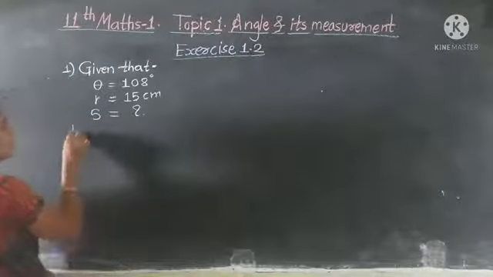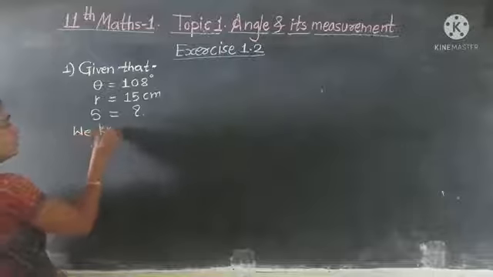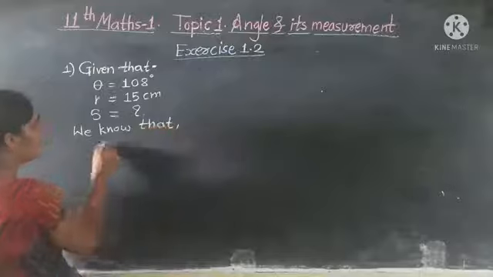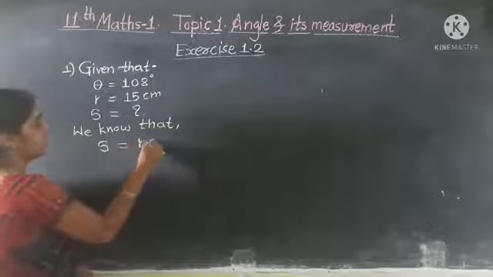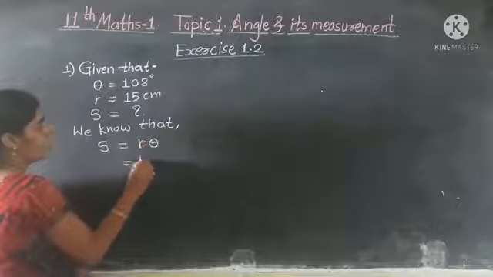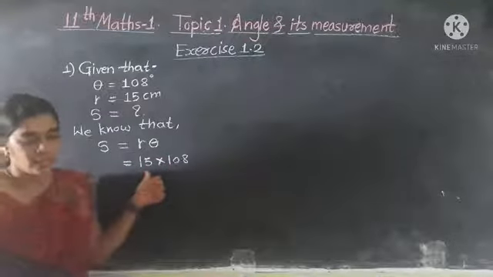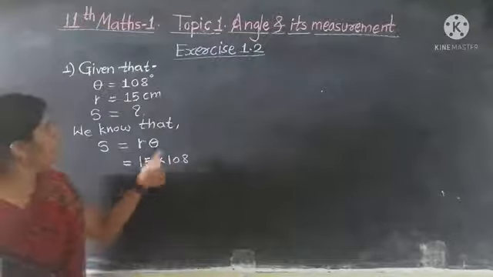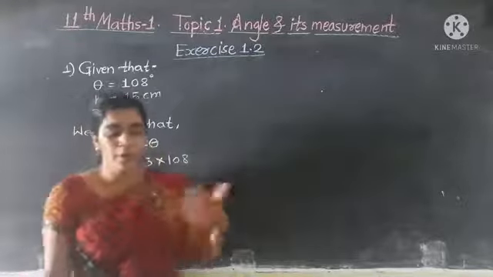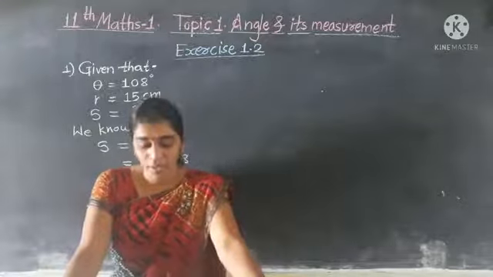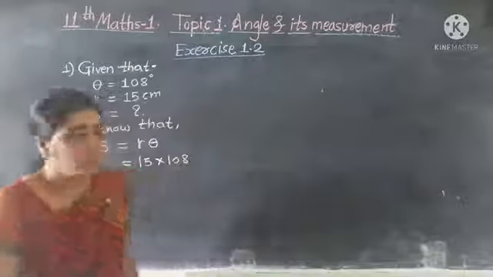We know that the formula for S is equal to R theta. 15 into 108. This is in degree, we have to convert this into radian.